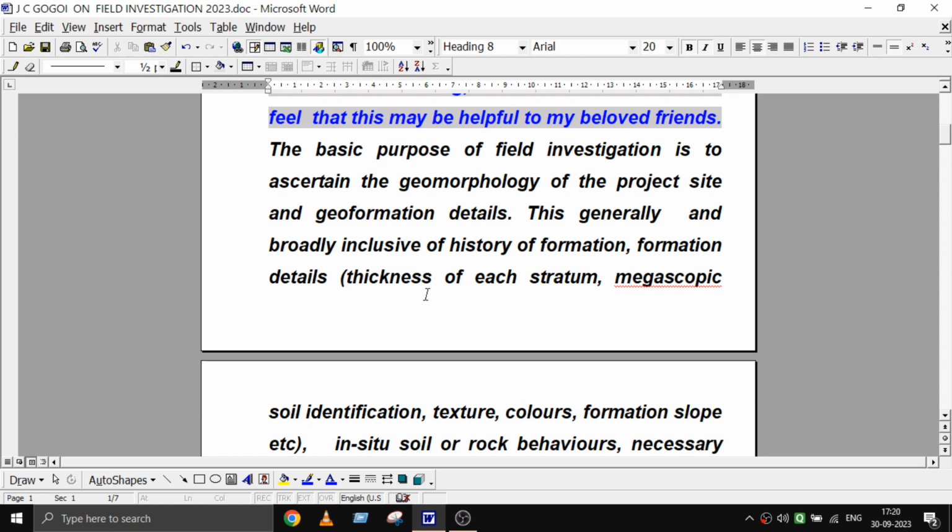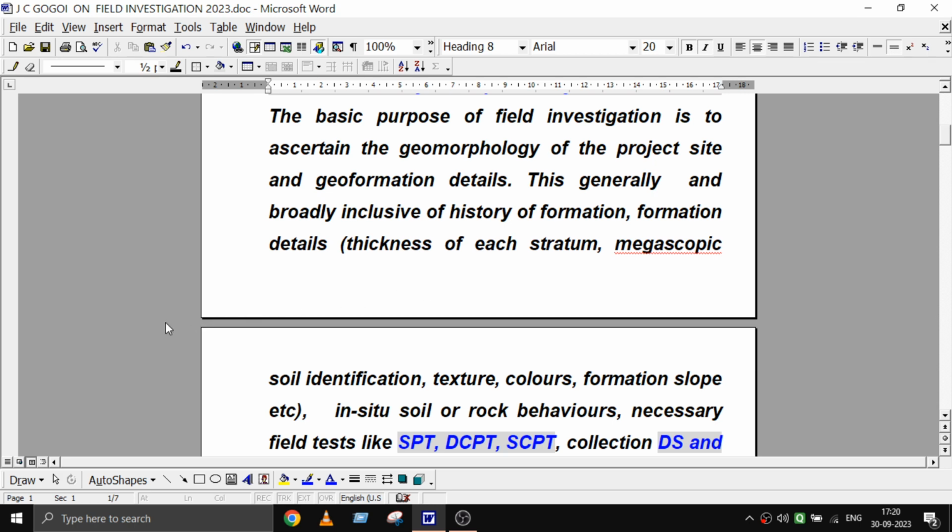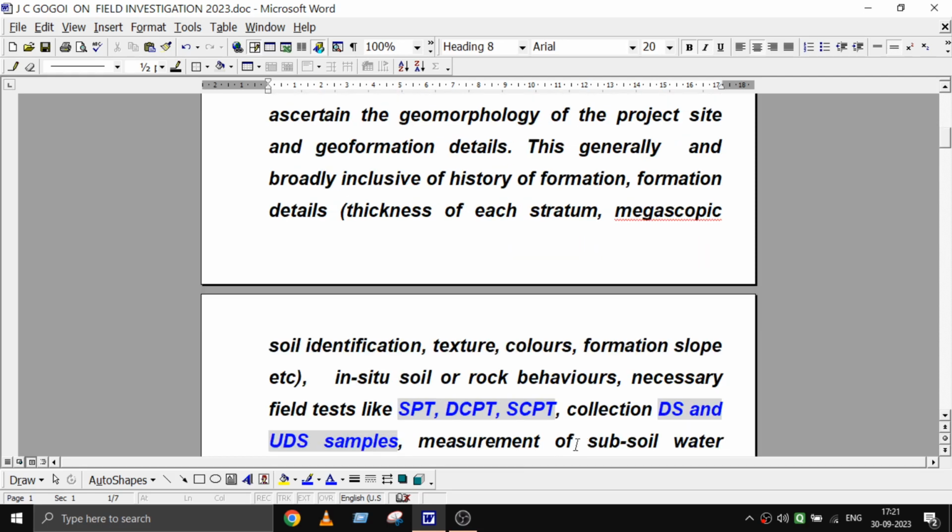In situ soil or rock behavior and necessary field tests like SPT, DCPT, SCPT. SPT is the standard penetration test, which was developed long back, DCPT is dynamic cone penetration, and SCPT is static cone penetration, along with collection of disturbed and undisturbed soil samples.